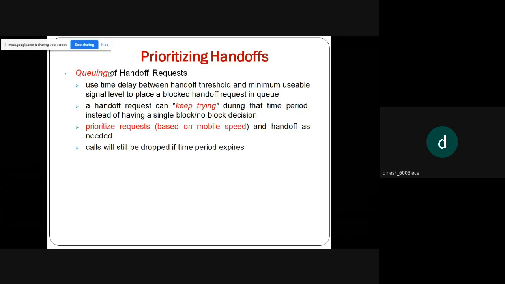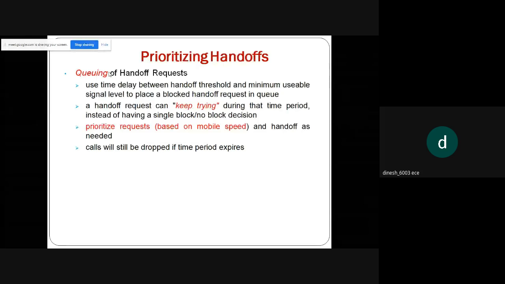The prioritized requests will always be handled based upon the speed of the mobile. If they are traveling at a higher speed from cell 1 to cell 2, or from point A to point B, say there are 3 mobiles moving. One is at a lower speed, one is at an average speed, one is at a higher speed.